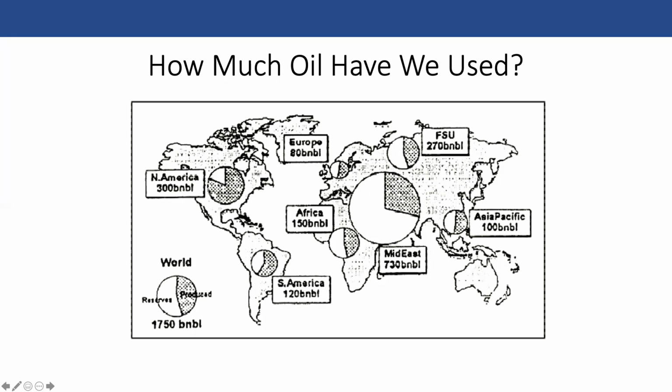In North America, where we're located, we have produced a little more than three-quarters of our available reserve, but the lion's share of oil is actually in the Middle East, and there is still more than two-thirds left, at least at the time of this printing.